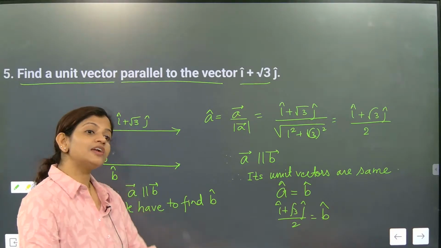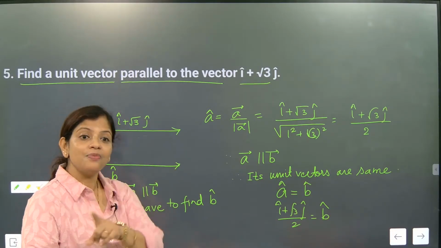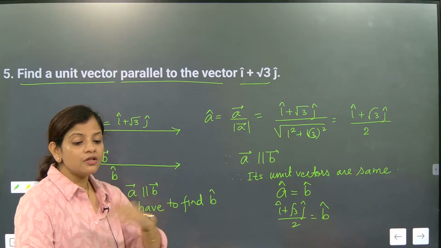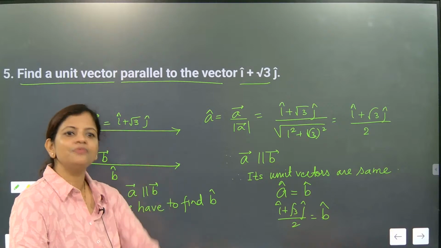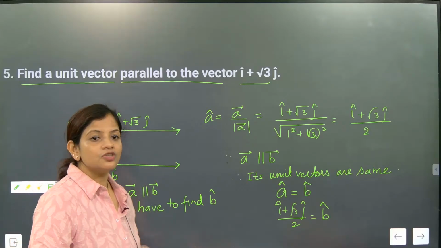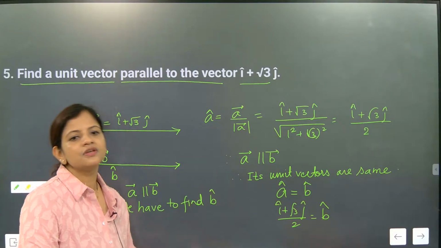You studied that unit vector is equal to cos theta i plus sin theta j, so the angle comes the same. That's why the unit vector will also come the same.